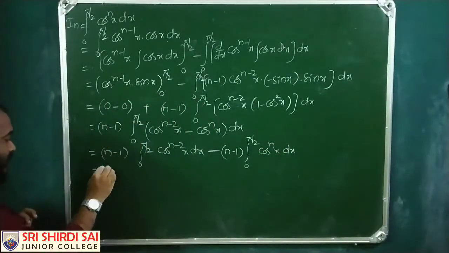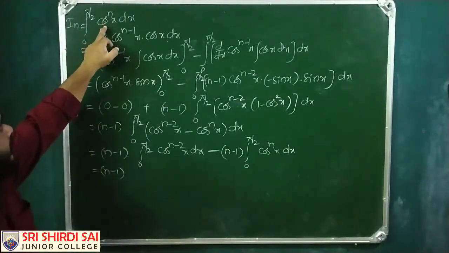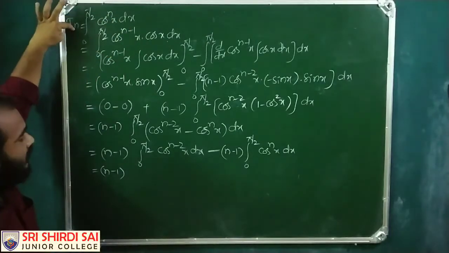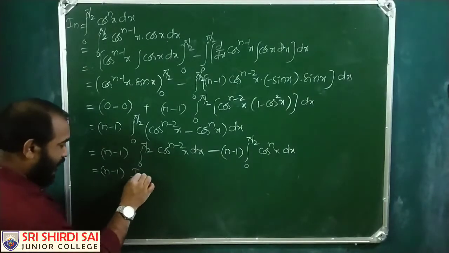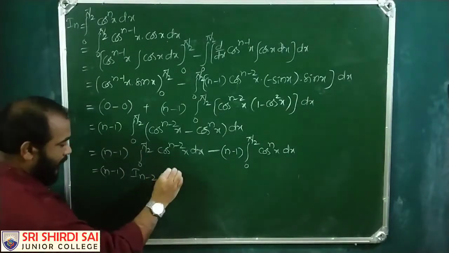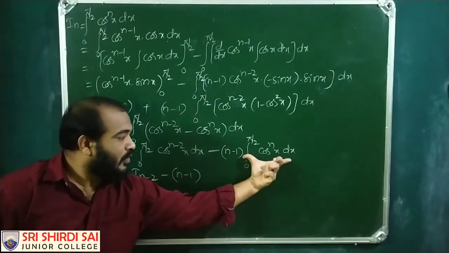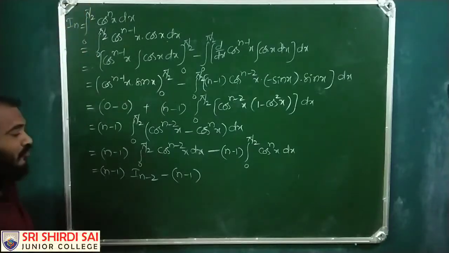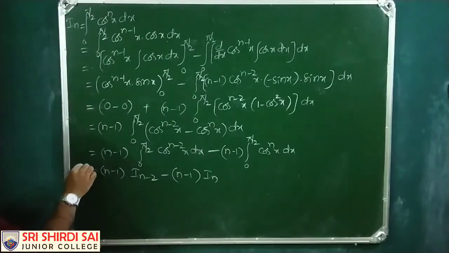Now this is n minus 1. See, if integral 0 to pi by 2 cos power nx dx is In, then integral 0 to pi by 2 cos power n minus 2x dx can be written as I n minus 2. Integral 0 to pi by 2 cos power nx dx has been treated as In before, therefore I am just replacing it with In. So this is all In only.